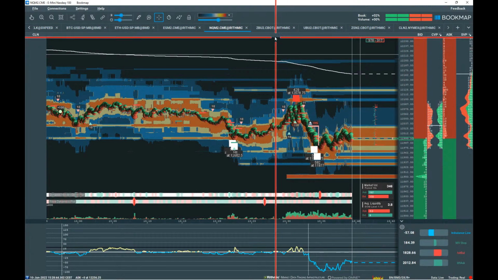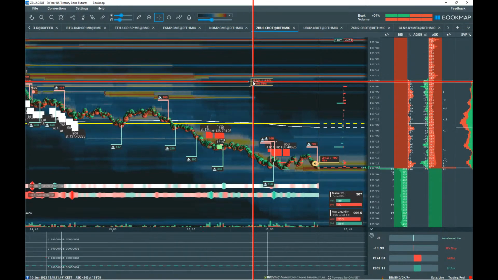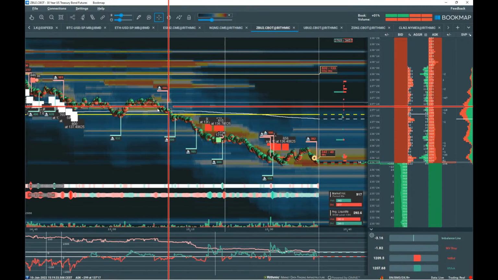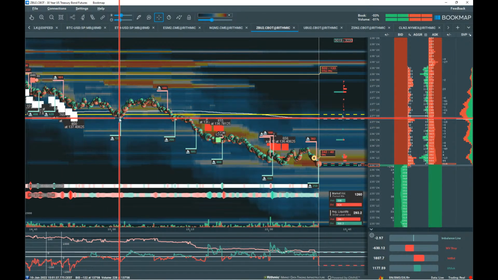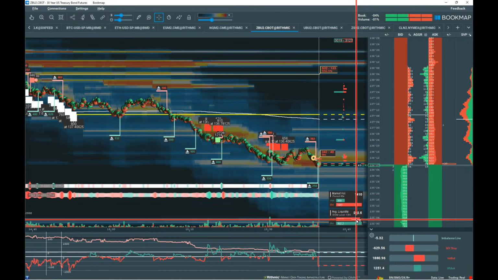Let us do another example. I would like to switch to ZB, which is normally a very highly traded instrument, and you see how the liquidity increased. We have to set the numbers in our TradeFinder settings according to volume and the actual liquidity.